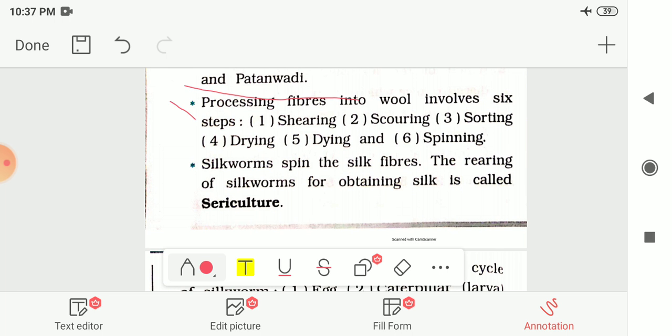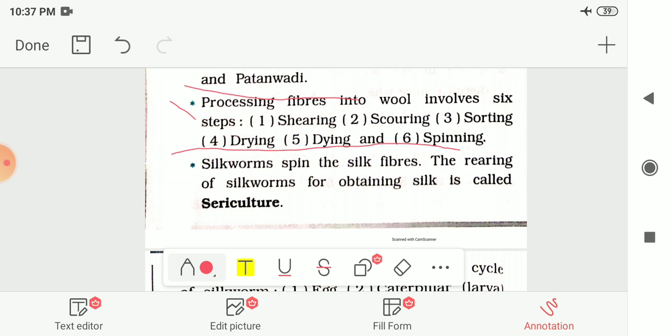Processing fibers into wool involves mainly 6 steps: shearing, scouring, sorting, drying, dyeing and spinning. In the chapter we had seen all these processes in detail. So this is all about wool.